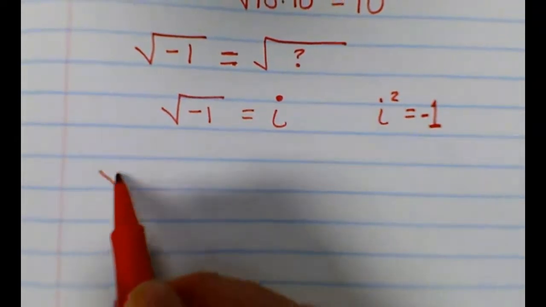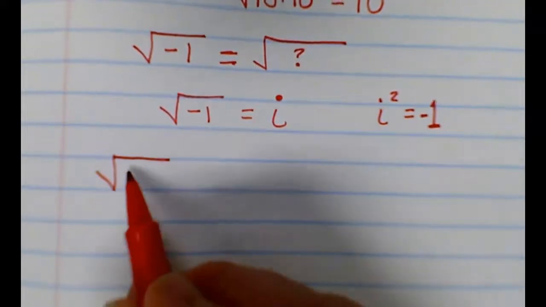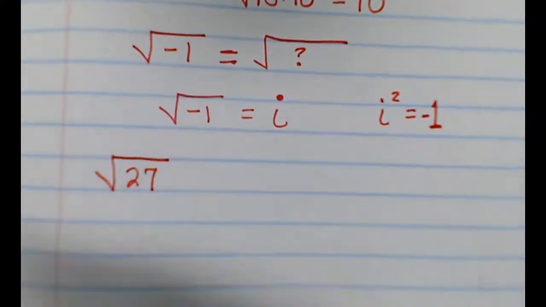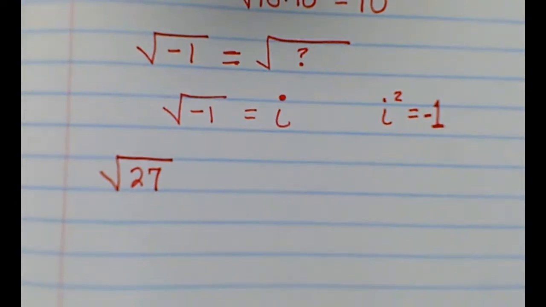Our lesson today is, what about this kind of number? Is there any number that you multiply by itself that is going to equal 27?